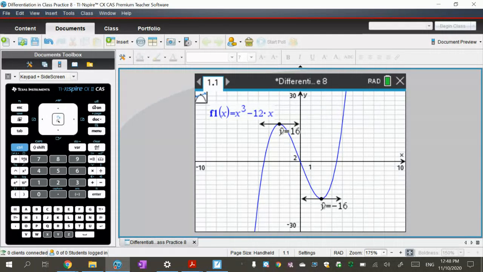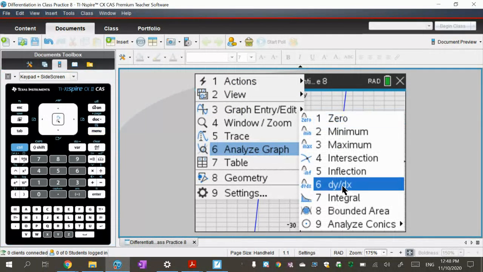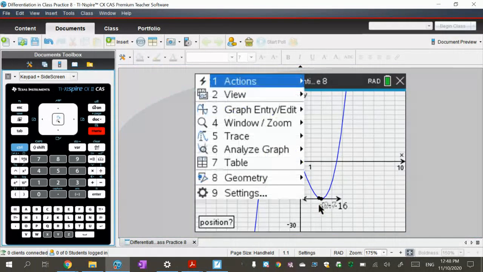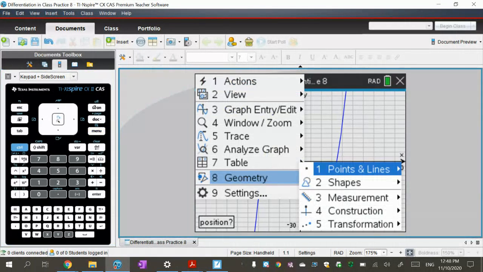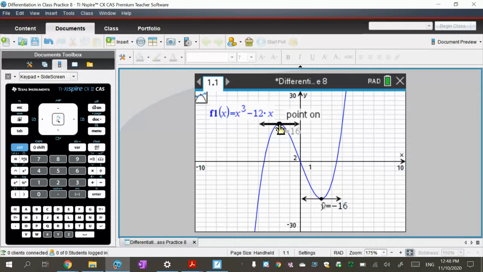How you can do that is if you hit Menu, Analyze Graph, and then you hit dy dx, and then just put -2 in and then a 2, it'll tell you the slope here is 0 and the slope here is 0. Then if you hit Menu again and you hit Geometry and Points and Lines, you can hit a tangent and then click right here. It'll tell you the tangent line here and the tangent line here. So you can answer this question, all the work that you'd need to justify this.